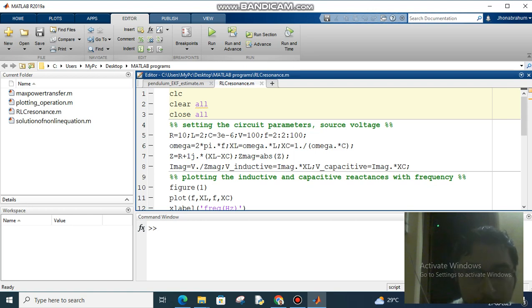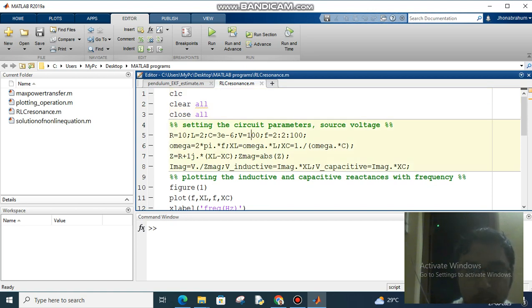You can develop the MATLAB code for simulating the RLC circuit. I have taken a simple example where the resistance is 10 ohm, inductance is 2 Henry, and capacitance is 3 times 10 to the power minus 6, which means it is provided in microfarad.